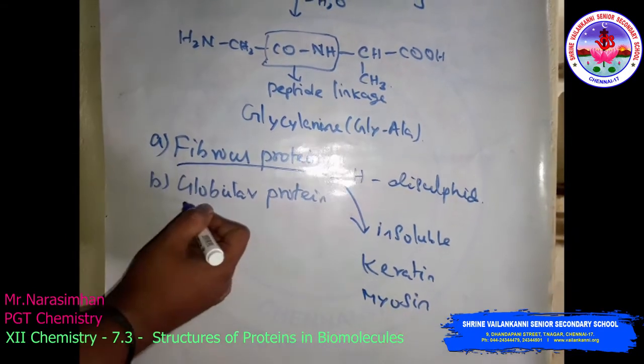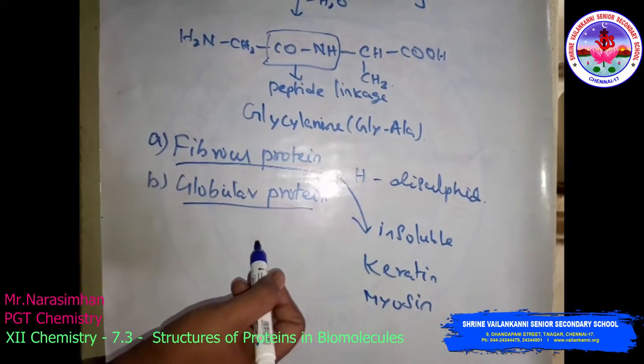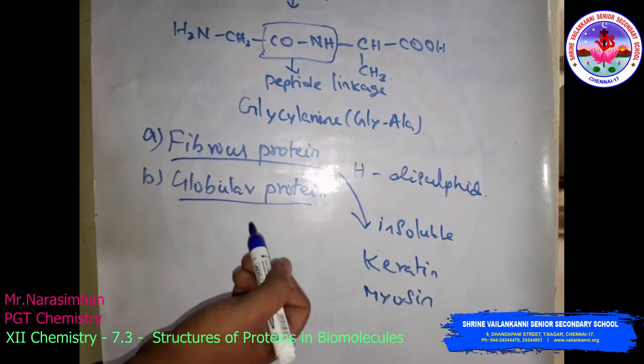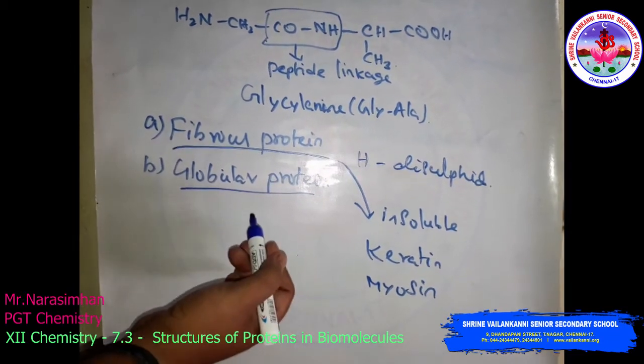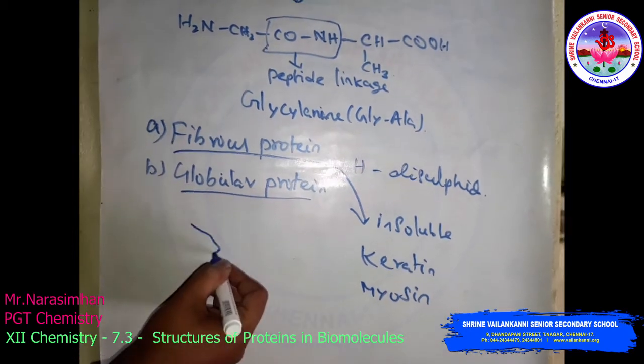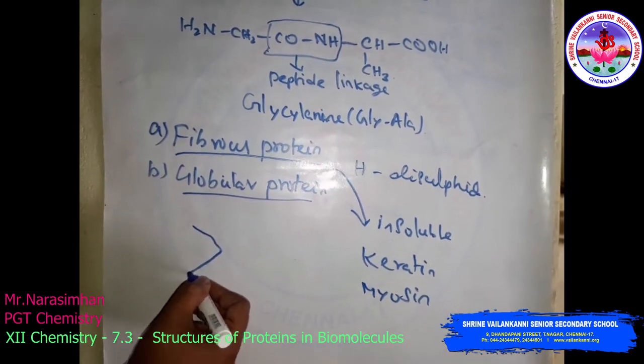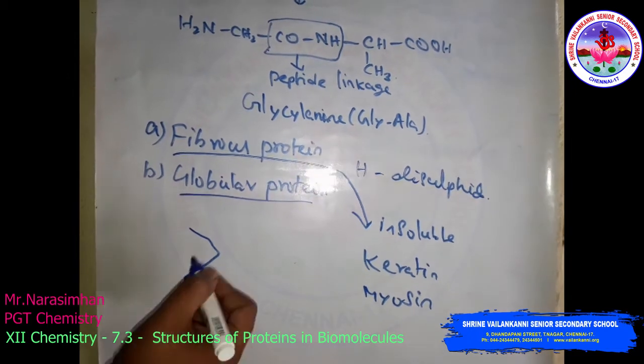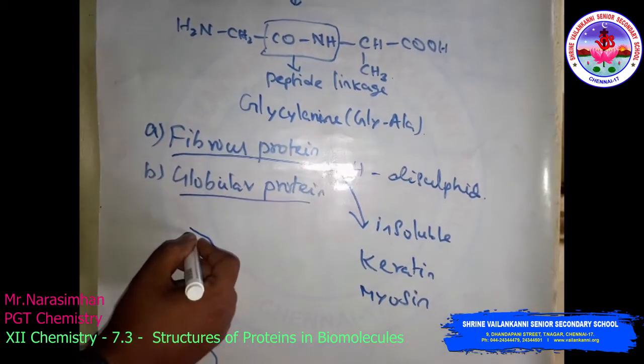Then the globular protein. Globular proteins are formed when the chains of polypeptides coil around to give a spherical shape.